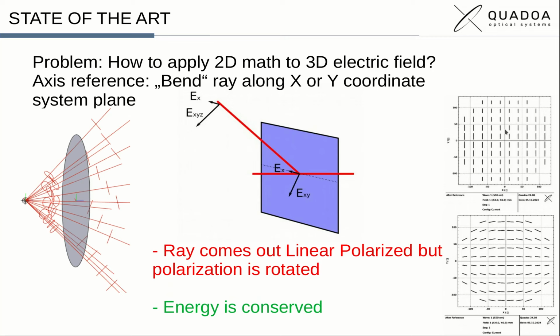However, again, if we have linear polarized in the other direction, we will get this curved polarization state again. So it's better in one axis, but with the drawback of being worse in the other axis. And also in this case, the polarization energy is conserved.